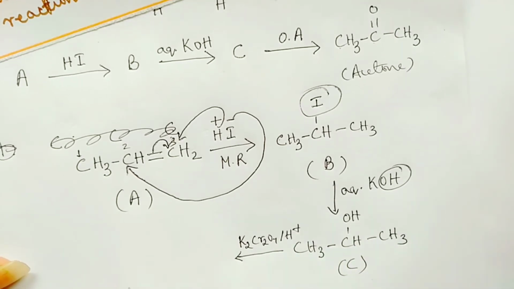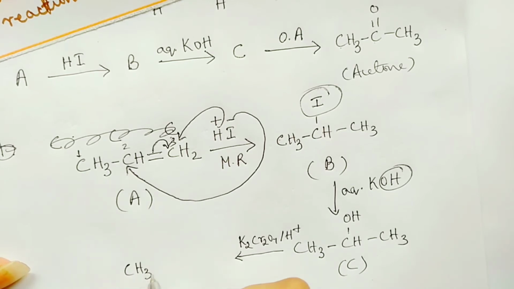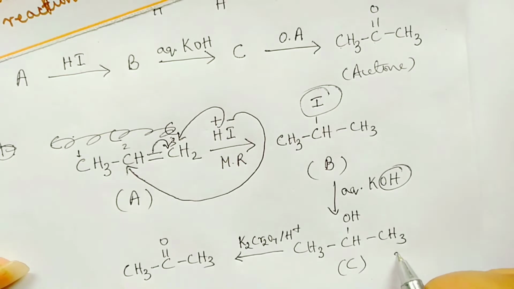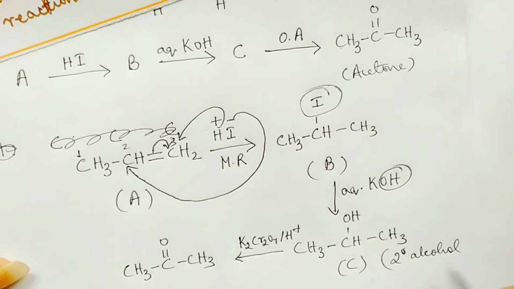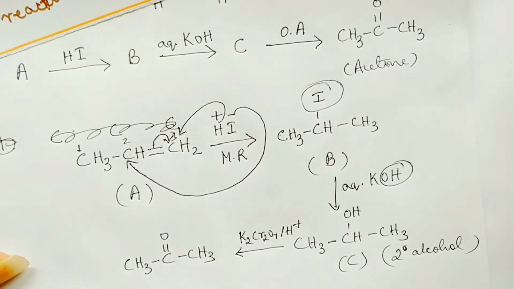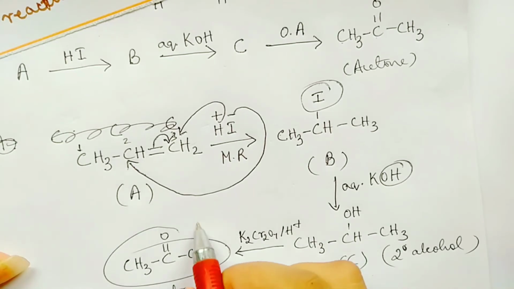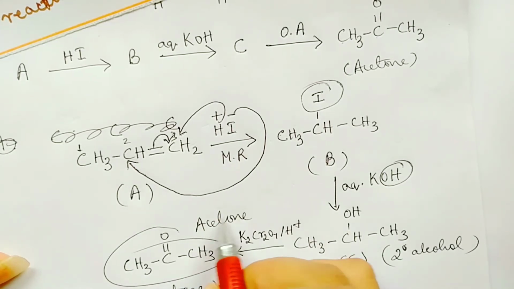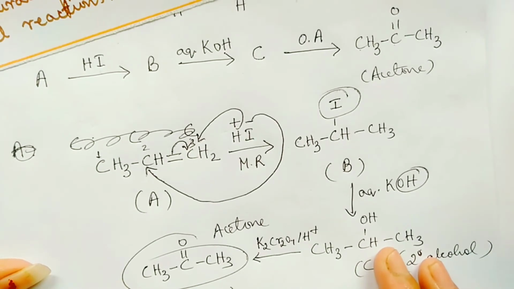Then what happened? You get your acetone. This is a secondary alcohol, and we know that when we oxidize a secondary alcohol, we get what? A ketone, which is acetone. This is your acetone.